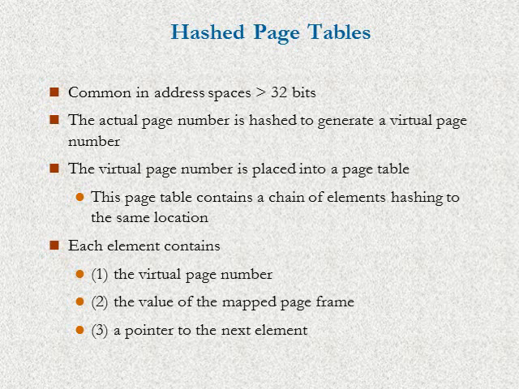Usually each element has a virtual page number, and against that virtual page number we have a mapped frame number that is present in the main memory, and then we have a pointer to the next element for maintaining the linked list. So this is how we generate a virtual page table, or a page table of virtual values of the actual page numbers.